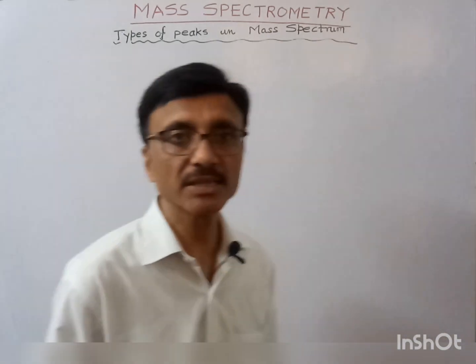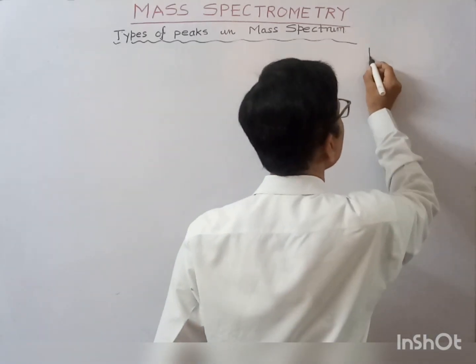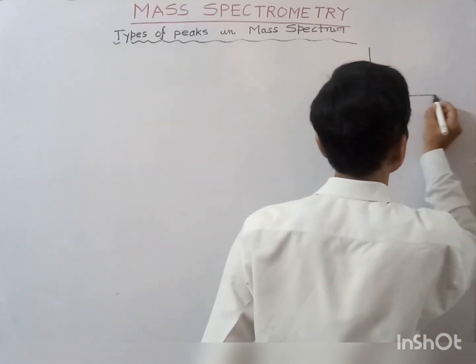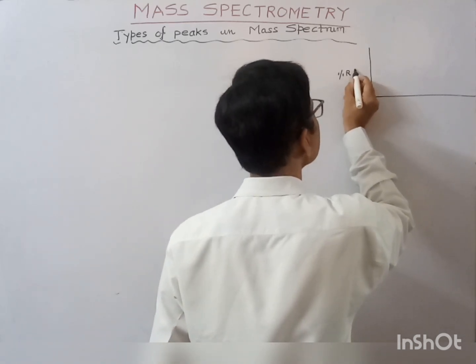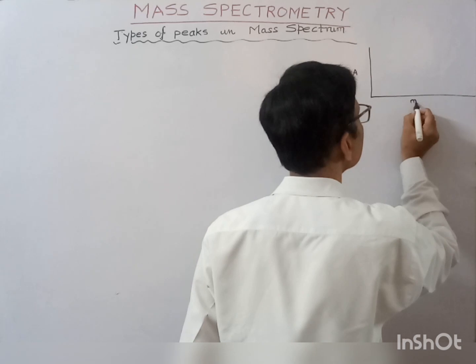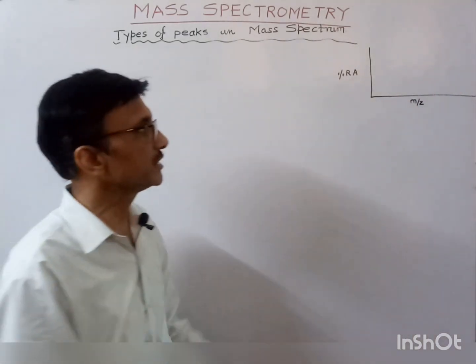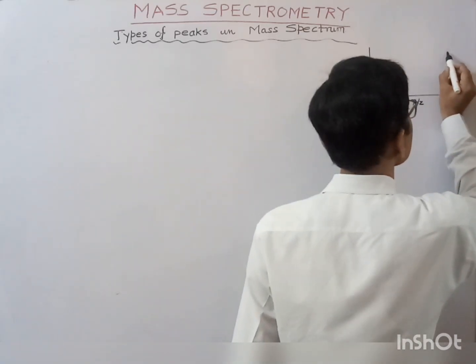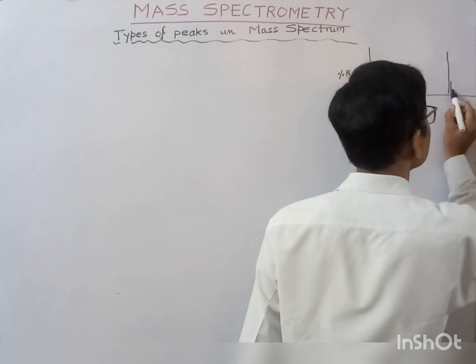If you see the mass spectrum, which is drawn between relative abundance and m by z value, that is percentage relative abundance and m by z value. Now in this mass spectrum you may see the various peaks. Suppose this is one of the peaks which can appear like this, and the peak like this.